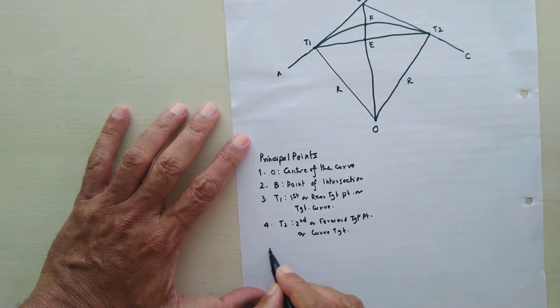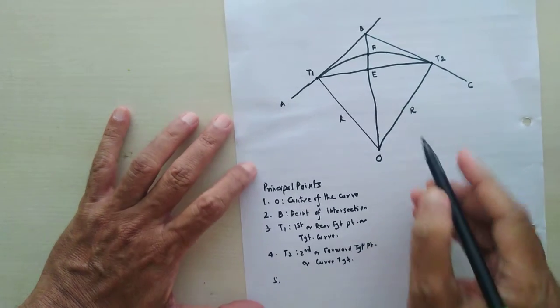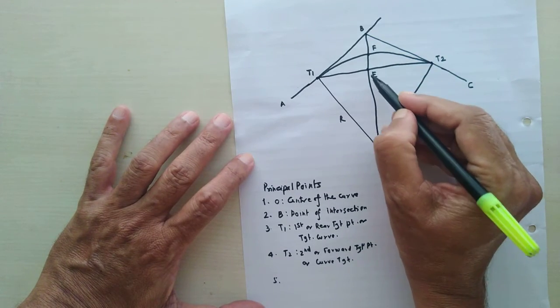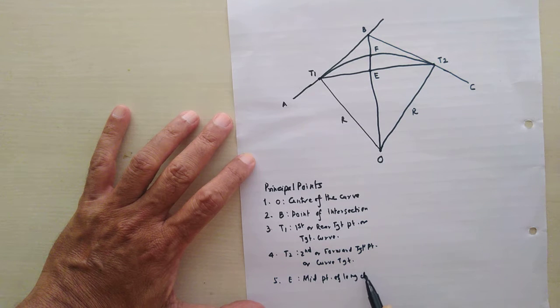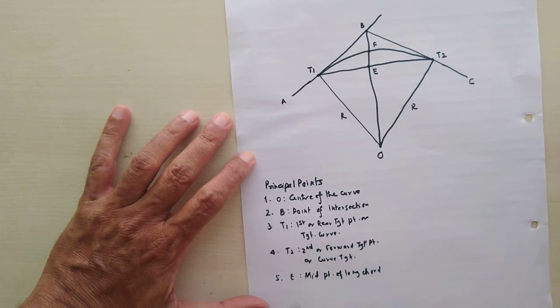The fifth principal point is this point E. It is known as the midpoint of the long chord because it divides the long chord into two equal parts.